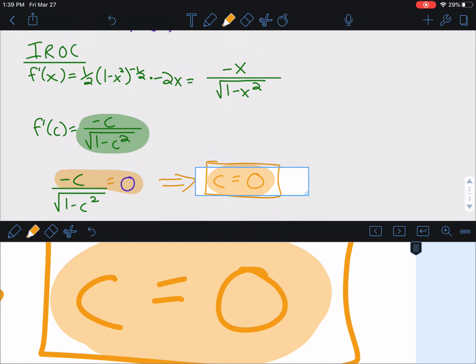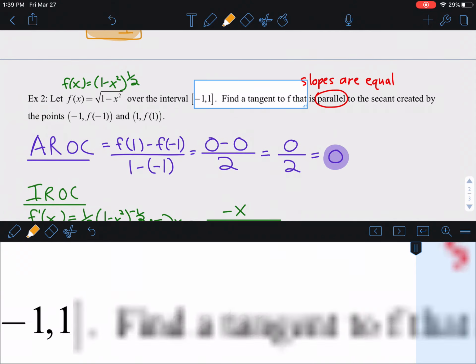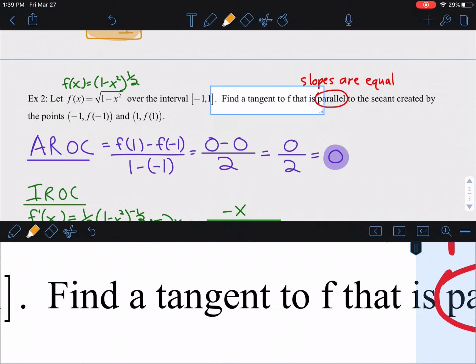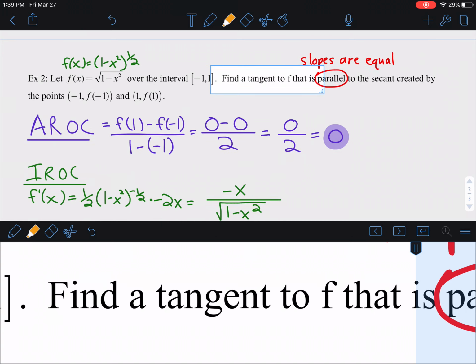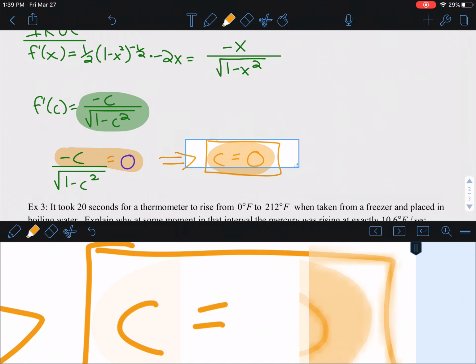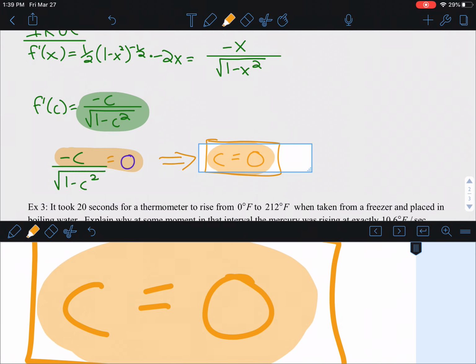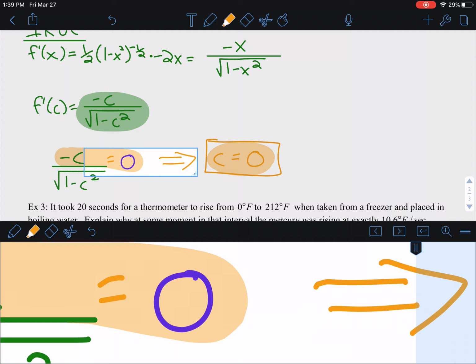And so that is the x-coordinate that satisfies the mean value theorem here. Now, this question kind of specifically said, find a tangent to f. So what I'm actually looking for on this one that makes this question a little bit different is, what is the equation of the tangent line going to be at this x-coordinate? So here's the thing, right? I already know the slope has to be 0, right?